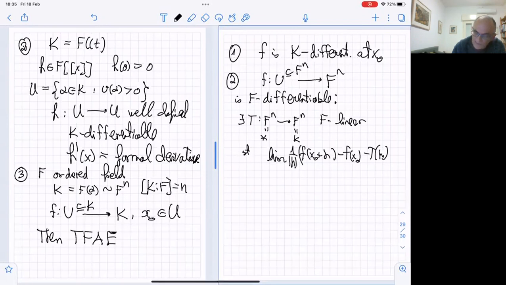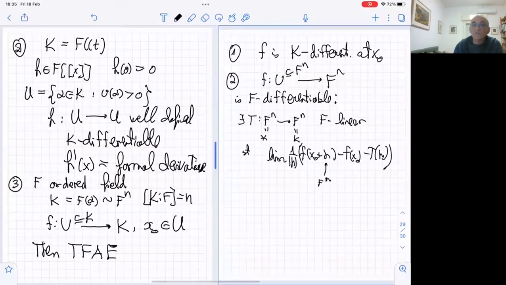This is the only way I could make sense of this definition, because h is an element in F^n. I need an absolute value, so you can take the Euclidean absolute value, or the maximum absolute value, it doesn't matter. As h approaches 0 in F^n, this should be 0. So f can be approximated by a linear function from F^n to F^n.